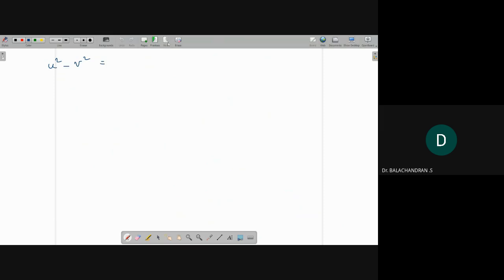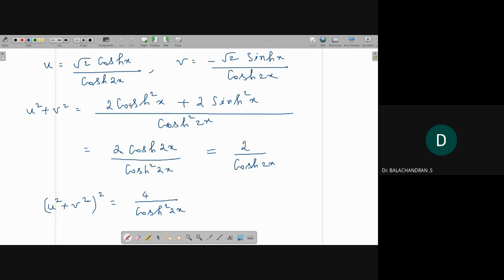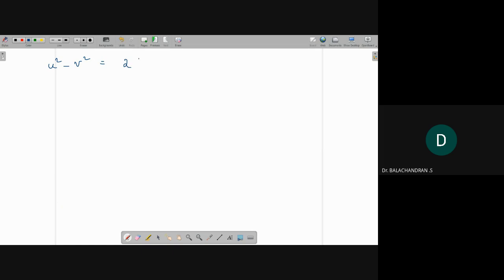What is u square minus v square? Please tell. So u square minus v square is just 2 cos h square x minus 2 sin h square x, divided by cos h square 2x.